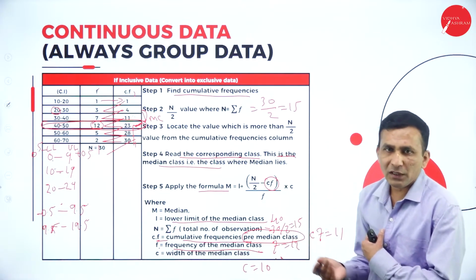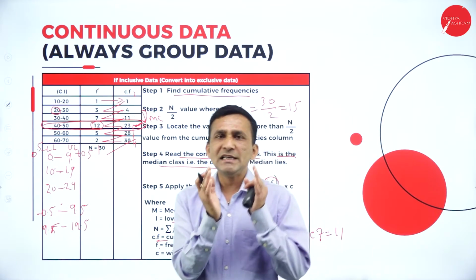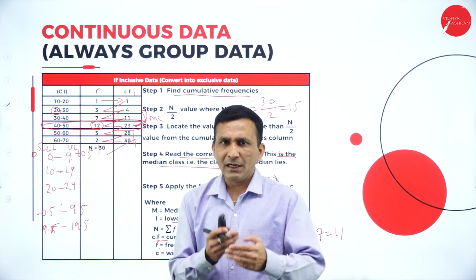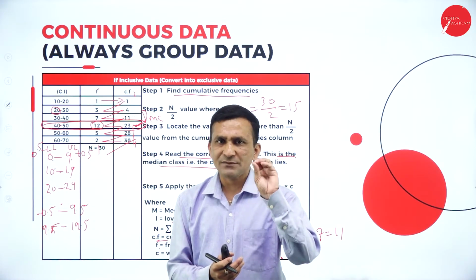Once you understand this format, you have to remember: under discrete ungrouped data, 3 steps. Under discrete grouped data, 4 steps. Under continuous data, always 5 steps.